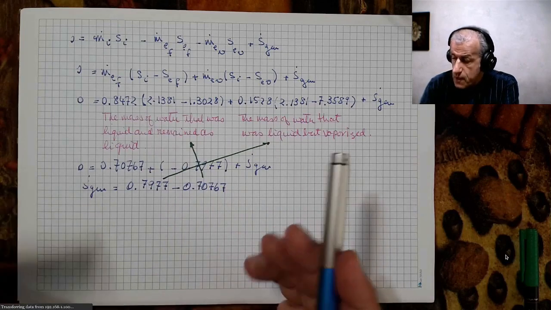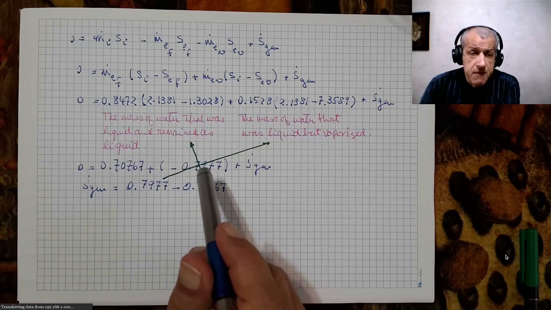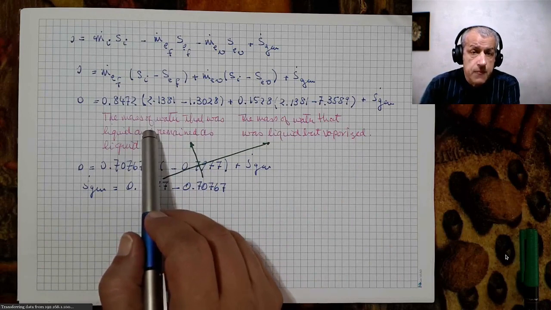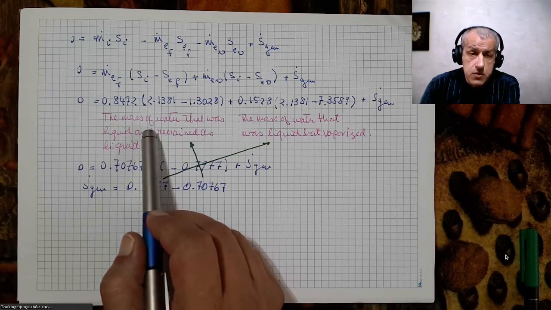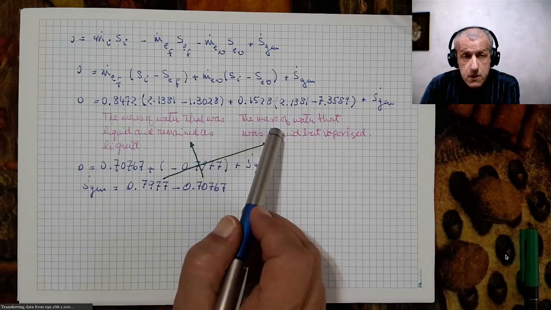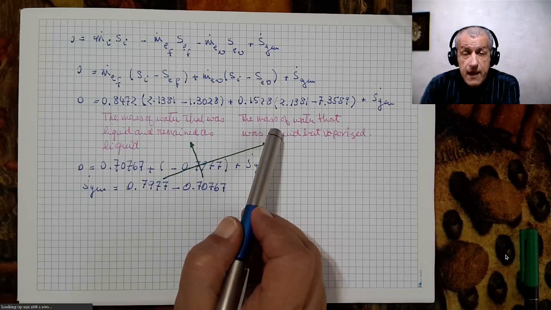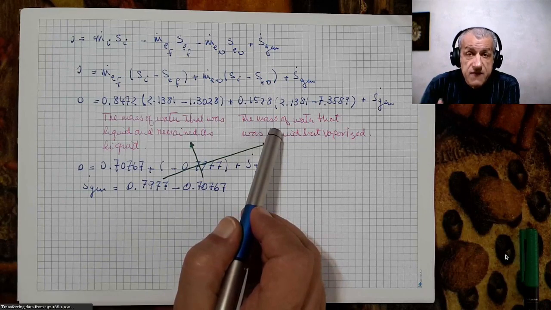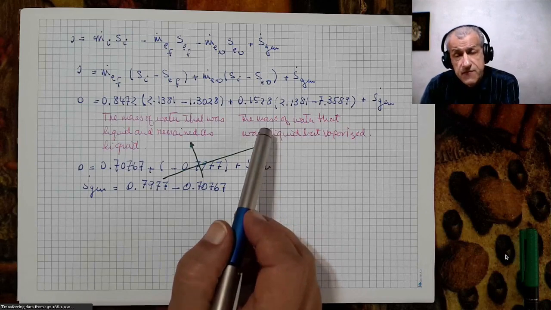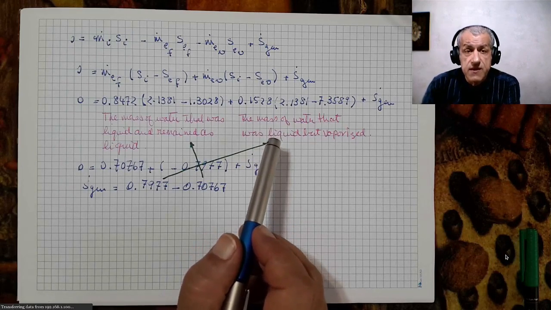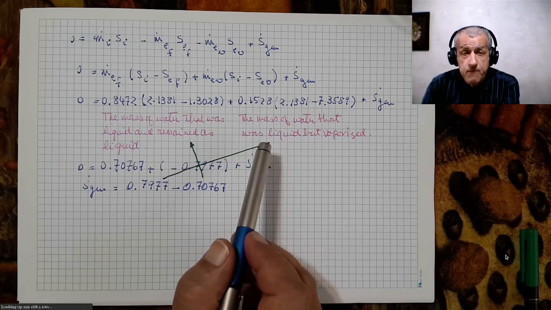Therefore, we expect that the water that was liquid and remained liquid has lost some entropy due to heat transfer, and the water that was liquid and vaporized has gained some entropy due to heat transfer, and that is different from the entropy generated from irreversibilities.